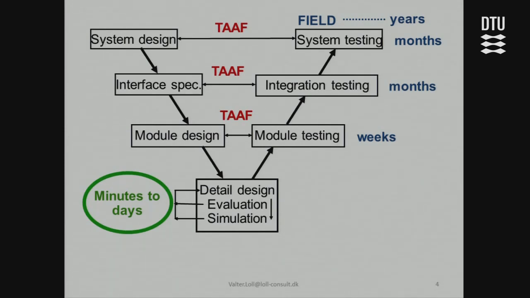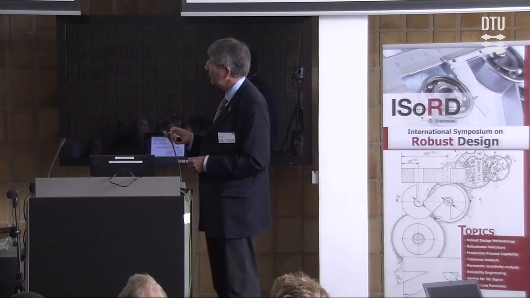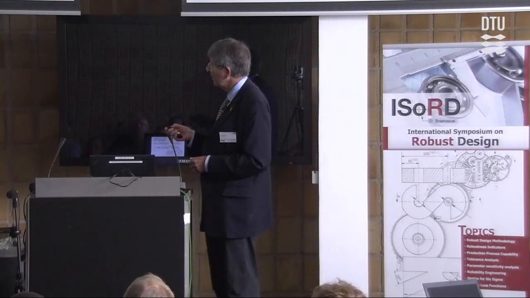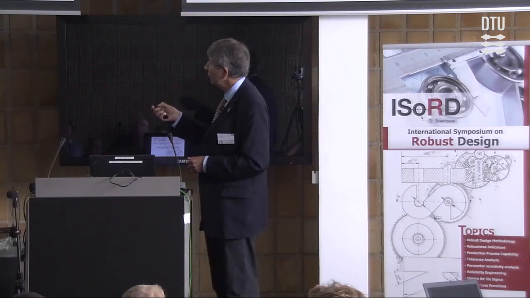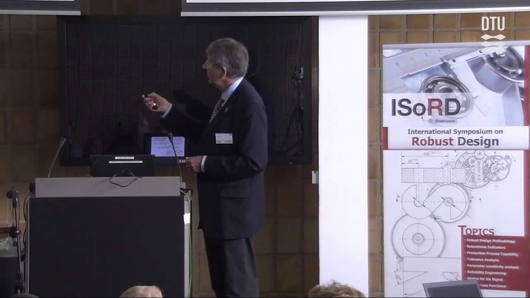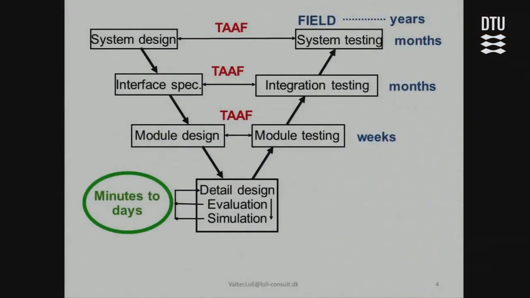If you make system testing, it takes months. Integration testing, months. Module testing, weeks, maybe months. So the classical way of doing it is to do the test analysis and fix, test, make some changes, and launch the design. Now the classical V model shows this, but we can see that the feedback loop here is far too long.